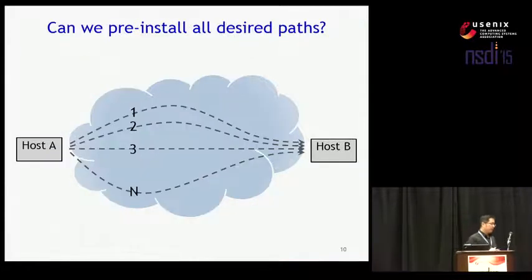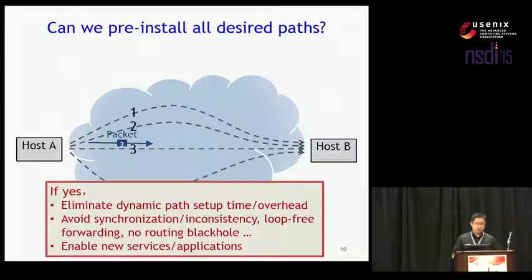This motivates us to ask a fundamental question. Can we pre-install all the desired paths without dynamically setting them up during runtime? If we can do this, it will enable new services and applications, because they can directly use the pre-installed explicit paths.